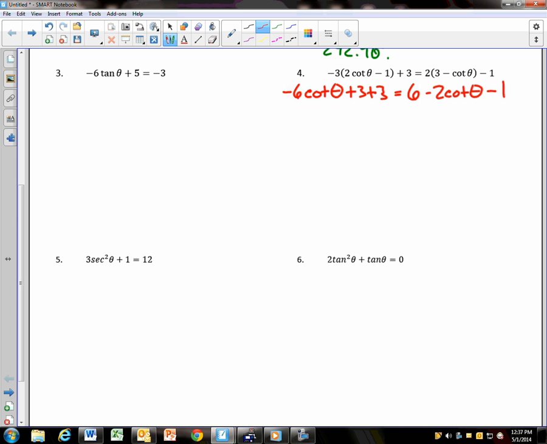What to do now? Let's combine like terms. -6 cotangent of theta plus 6 equals 5 minus 2 cotangent of theta.